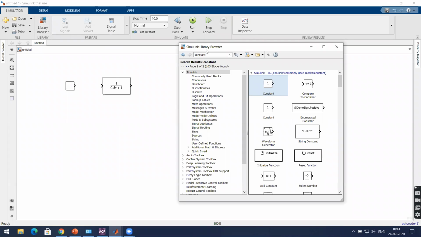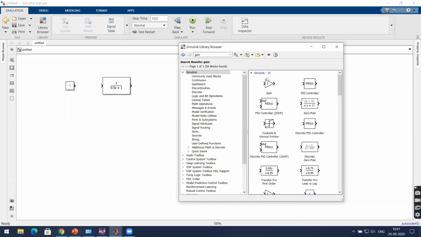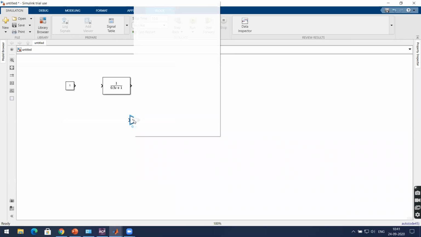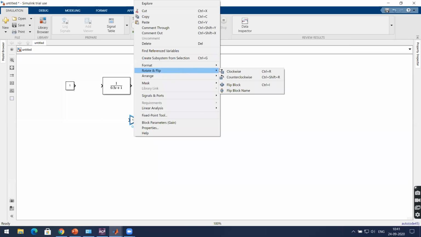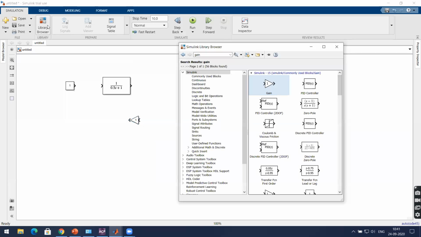open the library browser, get a gain. Okay. Get a gain, and then you need to reverse this, flip block. Okay. And then get a sum block.